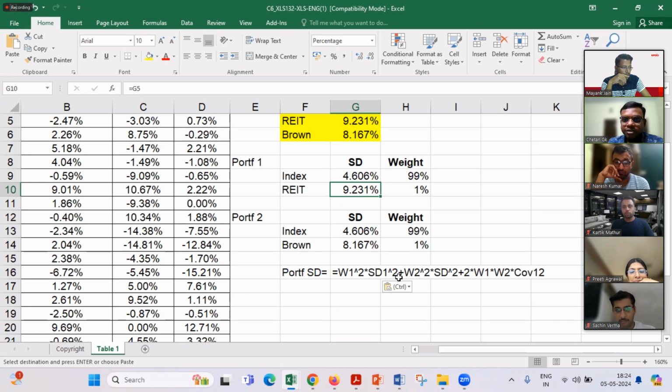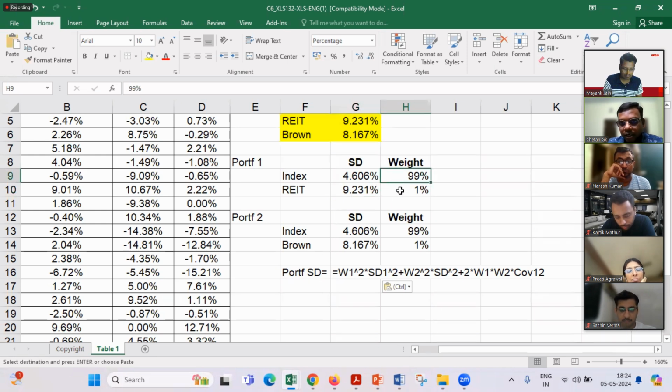Then plus weight 2 squared multiplied by standard deviation 2 squared. Then plus 2 multiplied by W1, W2, multiplied by the covariance between 1 and 2.